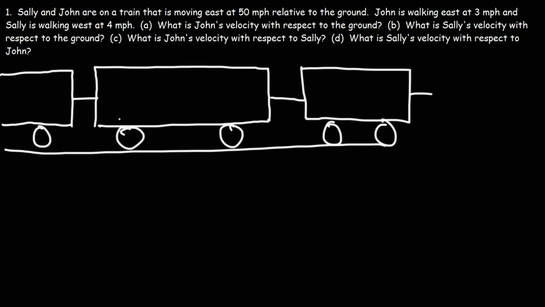Now on this train, we see that John is walking east at 3 meters per second.